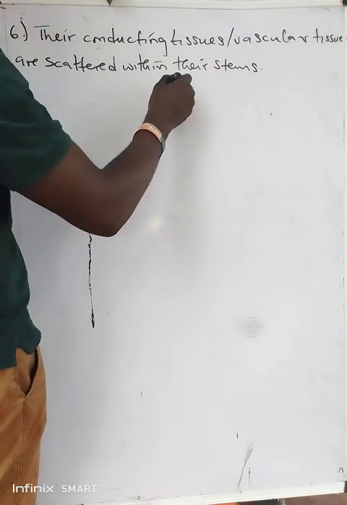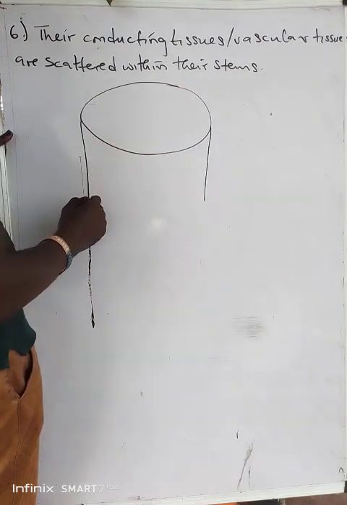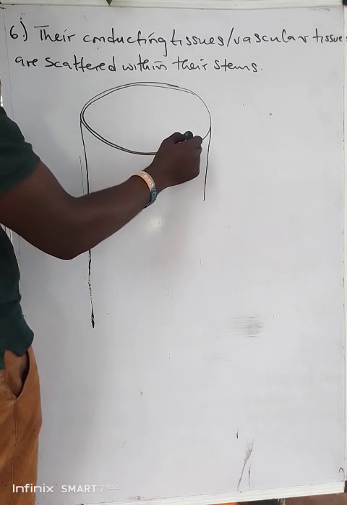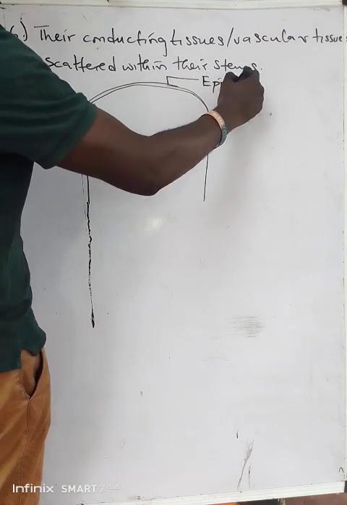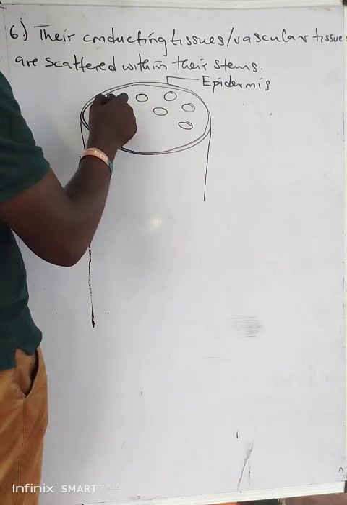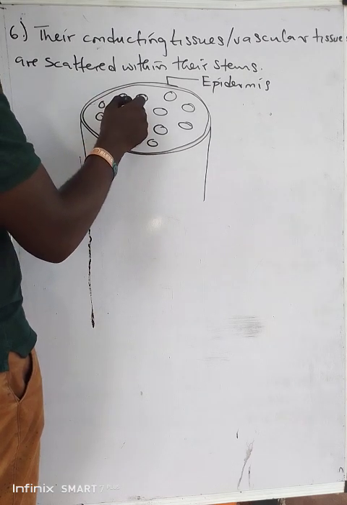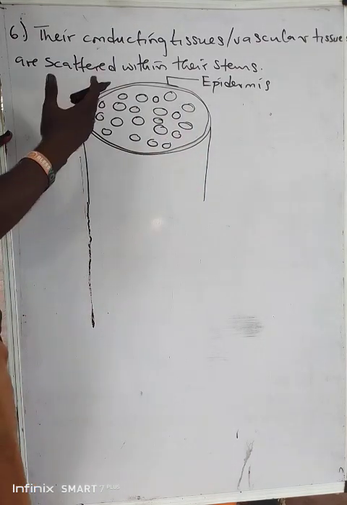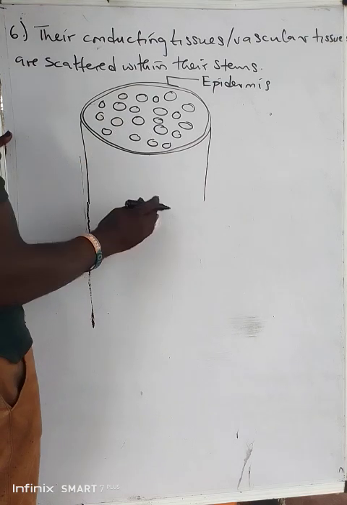So let's say this is the stem of a monocot that they cut like this. This is the skin, called epidermis. What did I call it? Epidermis. You also have epidermis in our own skin too. These are vascular bundles. Vascular bundles are conducting tissues, pipes that they use to transport water and soil nutrients from the ground up their body. Those conducting tissues are scattered within the stem. This is the stem.